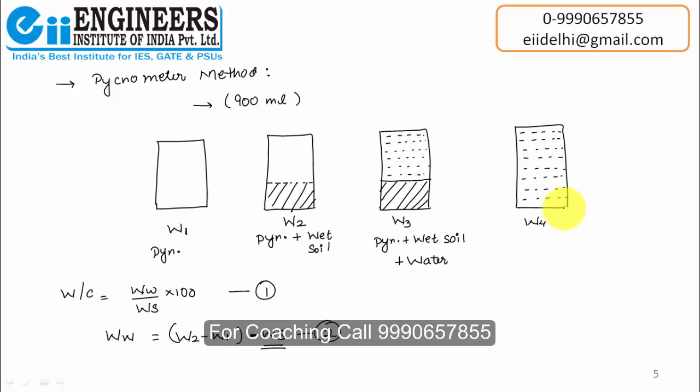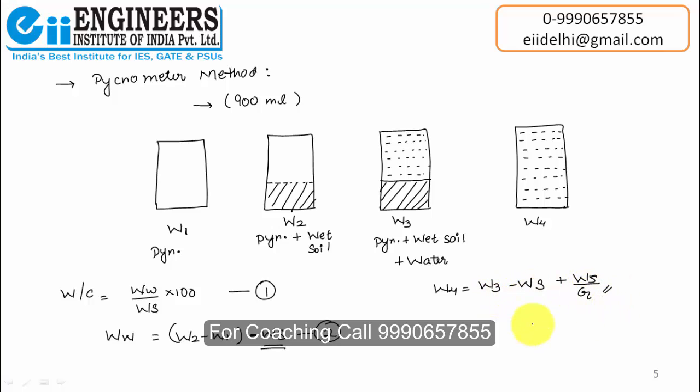Considering the fourth pycnometer, I can write W4 equals W3 minus Ws plus Ws by G. In the third case, I have removed the soil and filled it with an equivalent amount of water.